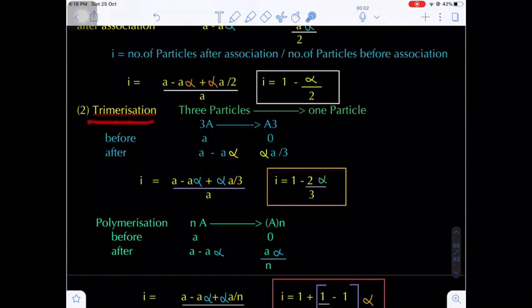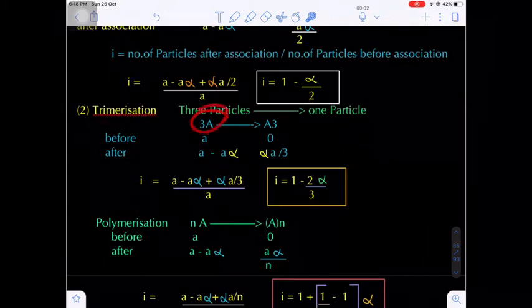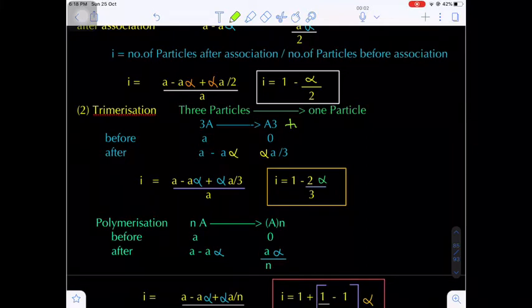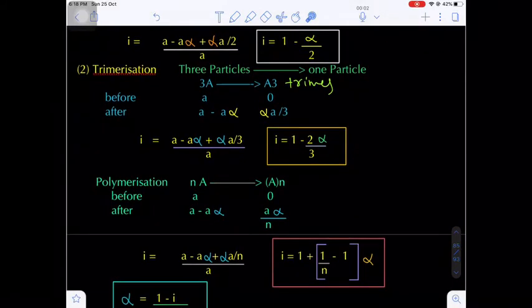Now the second example, trimerization. Let's suppose 3 particles combine to give only one particle. That particle is known as a trimer. Are you getting my point? Here also, initially there are A moles of reactant.